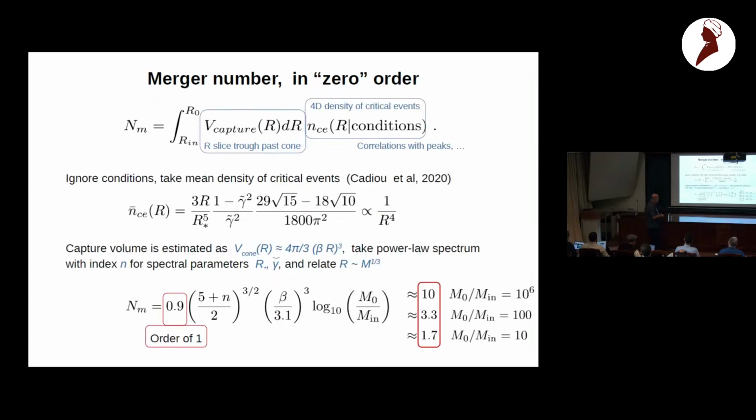That is what was done by us in a paper led by Karantan a few years ago, where we developed a series of number densities of critical events in the extended space. You could imagine that it involves integration of a distribution of a third derivative of the field and things like that, which is, of course, proportional to the fourth power of the smoothing scale. It's a number density in 4-dimensional space.